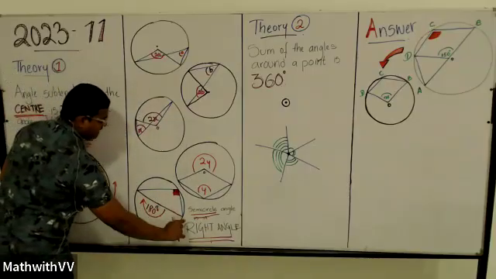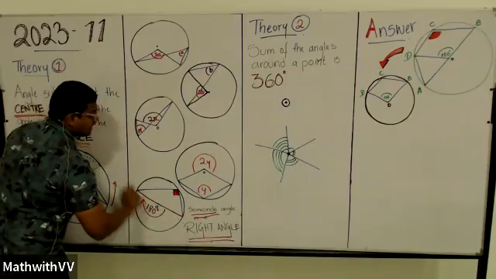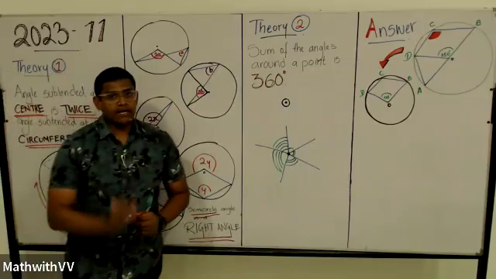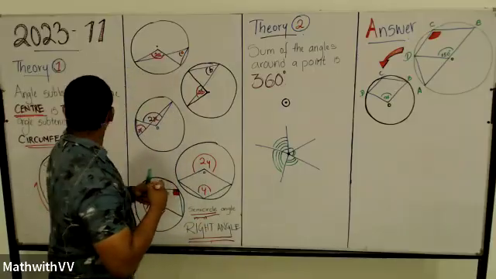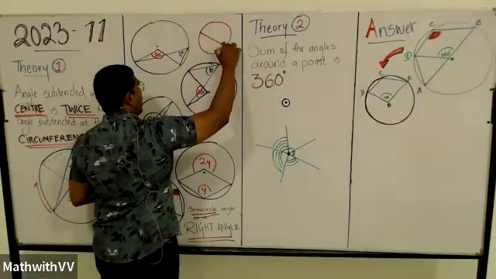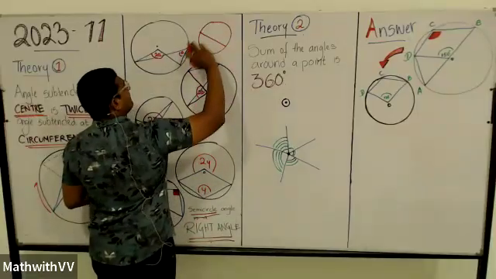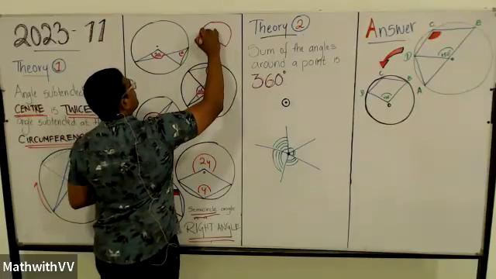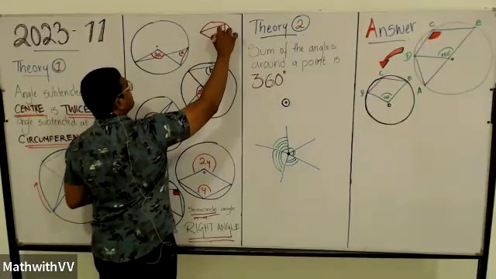Semicircle means when we have a diameter in a circle, it cuts the circle into two. What does a diameter do? I'll draw it here. It divides the circle into two equal parts. So it's an angle like this, 90.